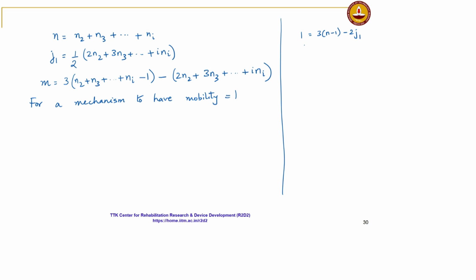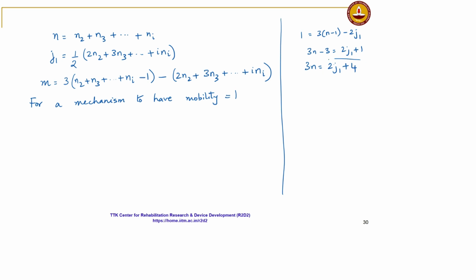So, I get 3n minus 3. Yeah, so 3n equal to 2j1 plus 4. First off, this tells me j1 is an integer.